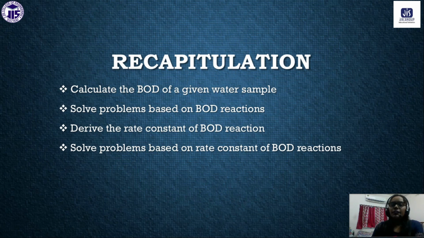So this is the recapitulation of whatever we have discussed so far in this class. First of all, we have calculated the BOD of a given water sample. We have solved the problem based on the BOD reaction. We have derived the rate constant of the BOD reaction, and again we have done some problems based on this rate constant. So these are all the recapitulation of today's class.